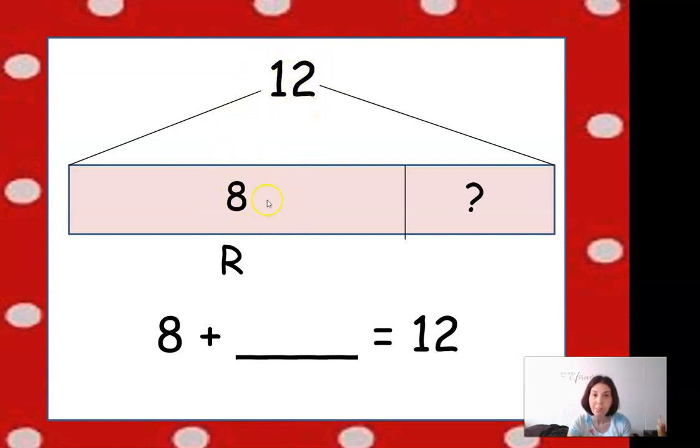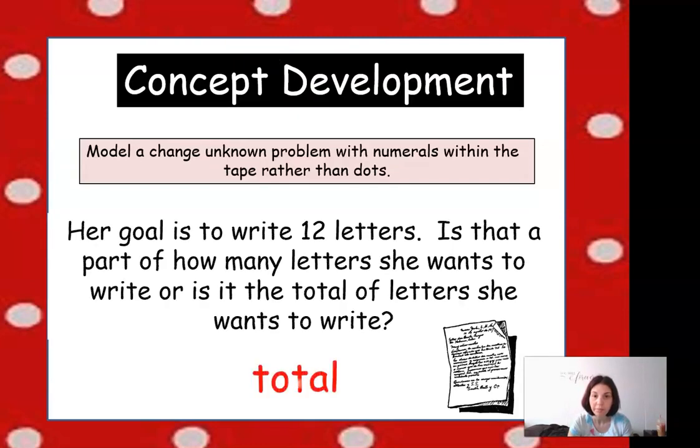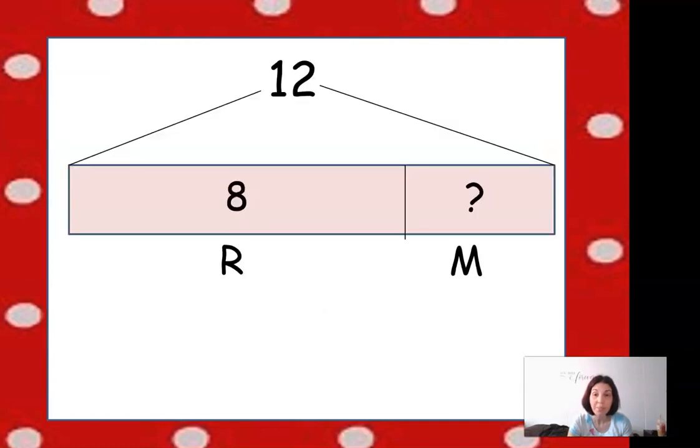So this is a part, this number will be a part, and this is the total. So that means that there are some more letters that Rosie needs to write. We just don't know how many more yet. So this represents more letters that she needs to write.